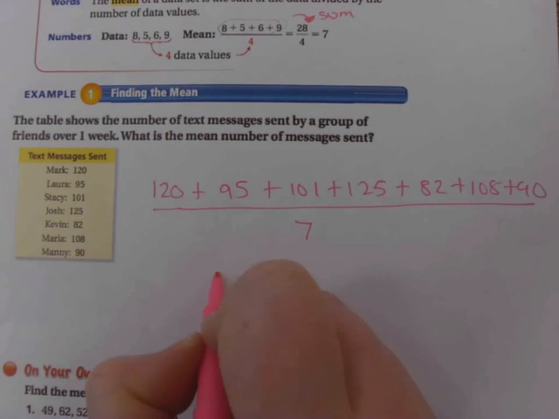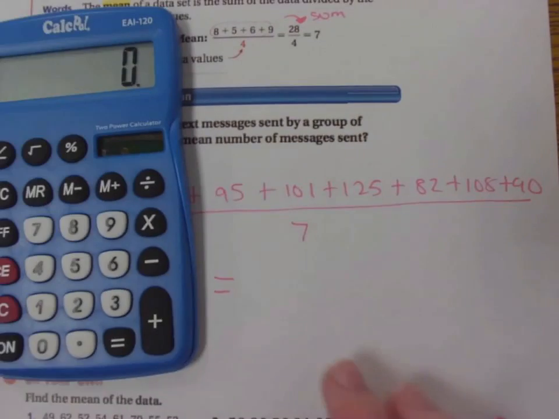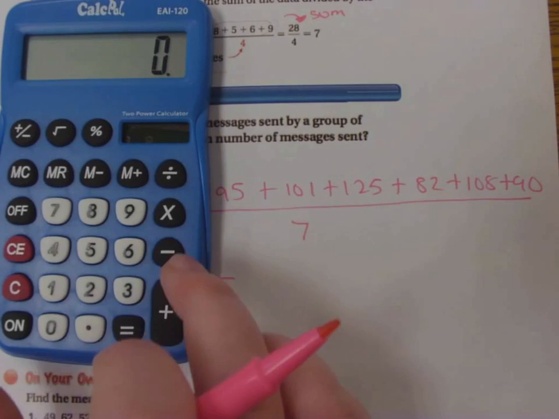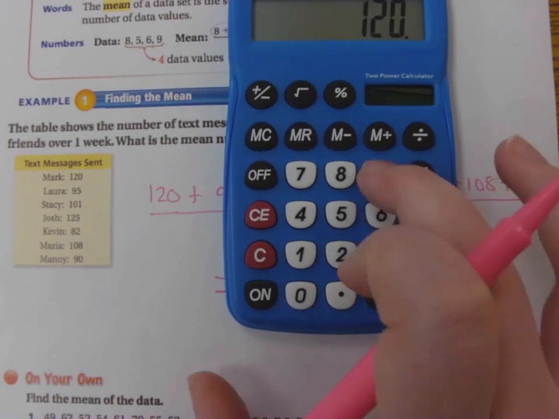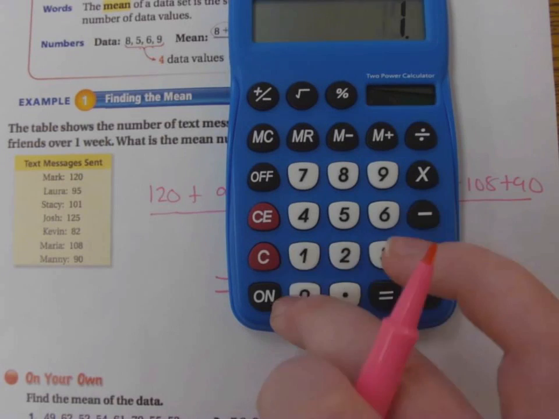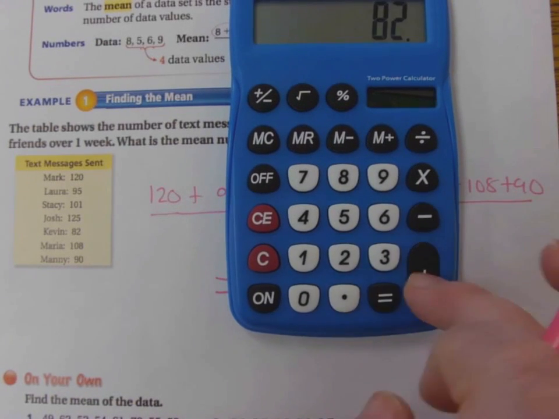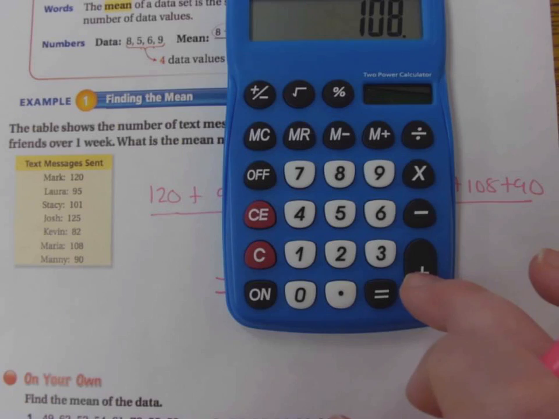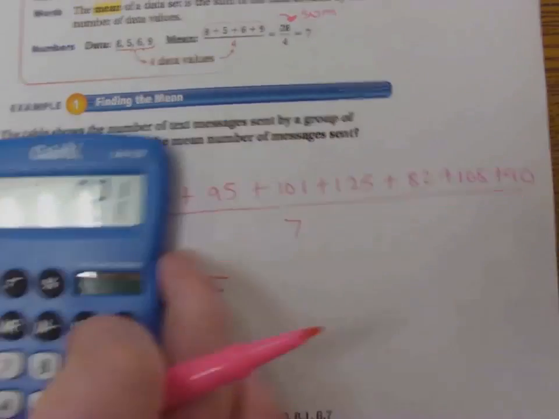I'm going to go ahead, and you can get out a calculator as well. I'm going to put all of these into my calculator: 120 plus 95 plus 101 plus 125 plus 82 plus 108 plus 90 equals 721.